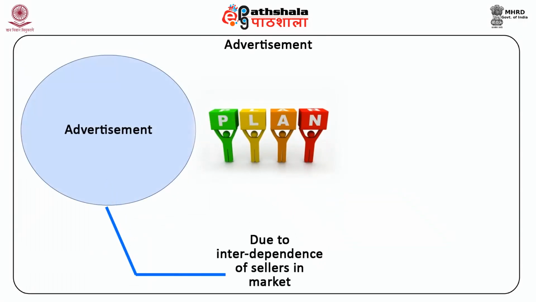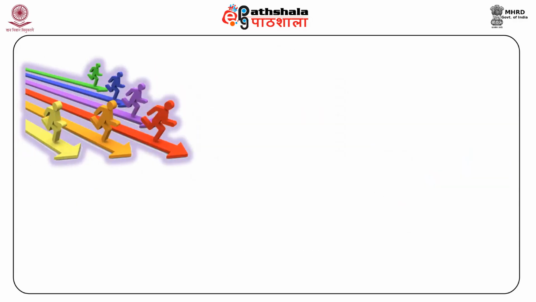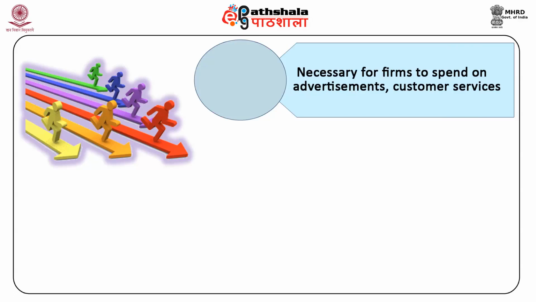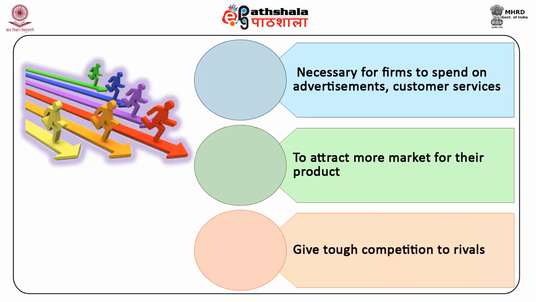Advertisement. Due to the interdependence of sellers in this market, it becomes very important for each individual seller to highlight his product and tell the consumers about the different features of his product. Thus, it becomes necessary for the firms in an oligopolistic market to spend much on advertisements and customer services so that he can attract more market for his product and can give tough competition to his rivals.